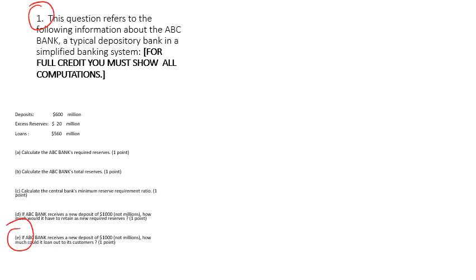1E. If ABC Bank receives a new deposit of $1,000, again, not millions, how much could it loan out to its customers? So, questions 1C, 1D, and 1E are related. They are obviously linked. So, this new depositor, or an old depositor, deposited $1,000.